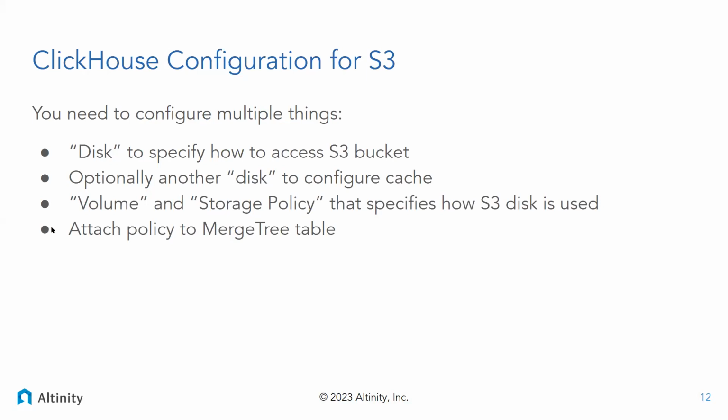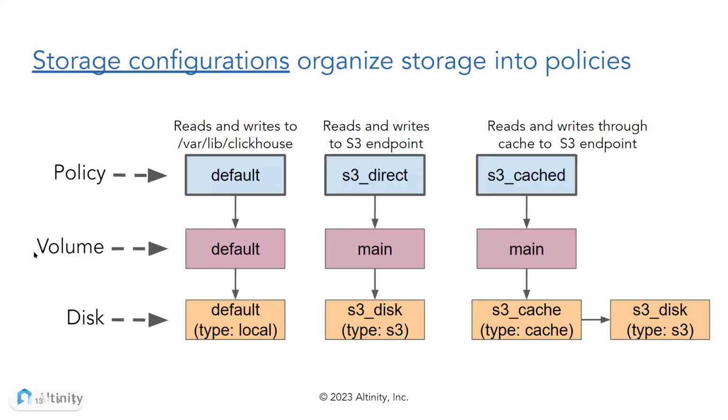Another thing, we may need to configure caching. You'll see from the performance numbers, this is very important for S3. In fact, it's critical to make it run performantly. We'll talk about volumes and storage policies, which basically make these devices visible in SQL so that you can then attach them to your merge tree table. So we'll go through all those things and show you how it works.